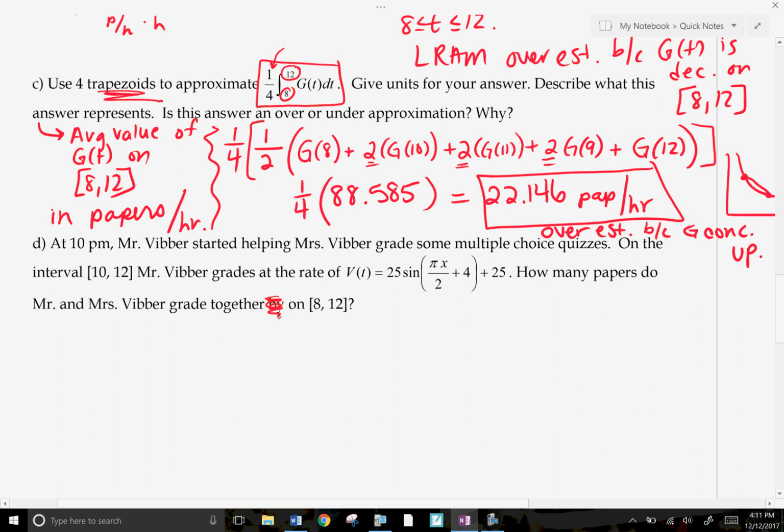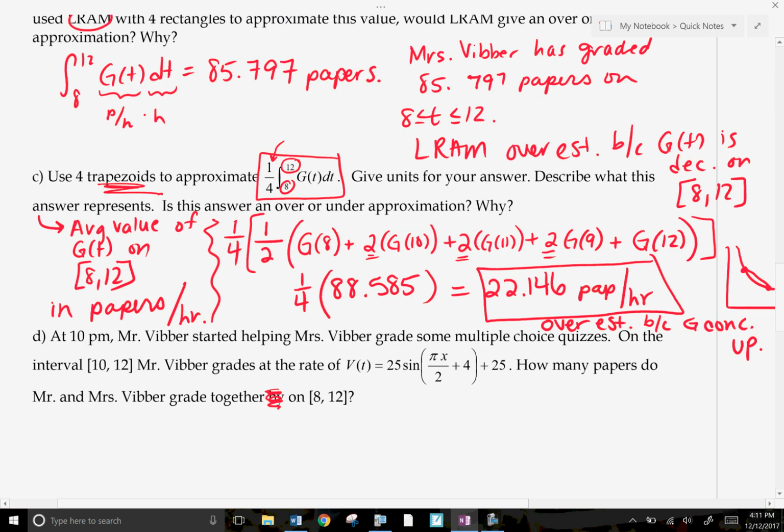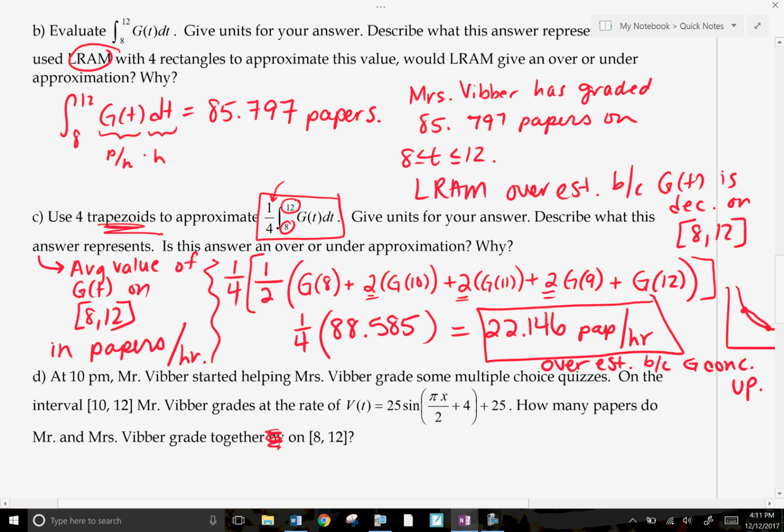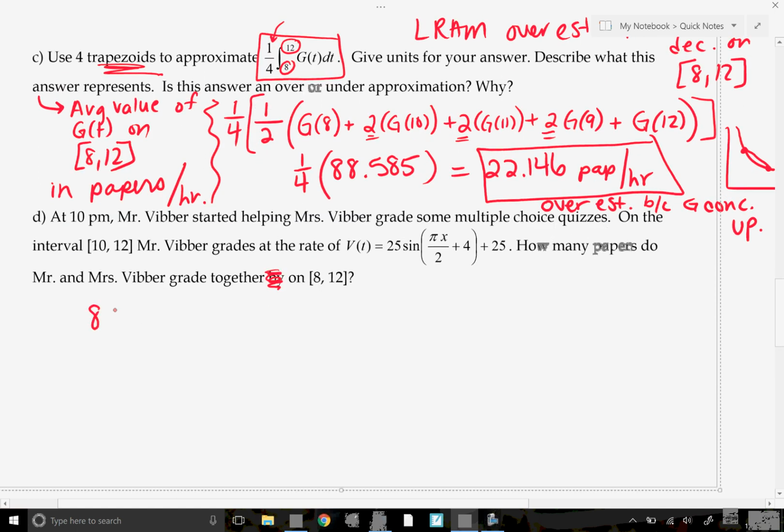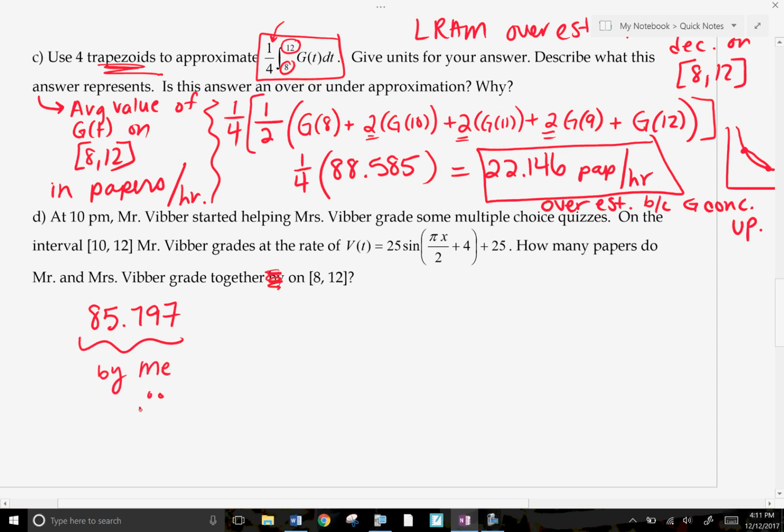Do we know how many papers I graded already? Yeah, I graded 85.797 papers, so I already have mine. Then we're going to add the papers he grades, but he's only grading from 10 to 12.